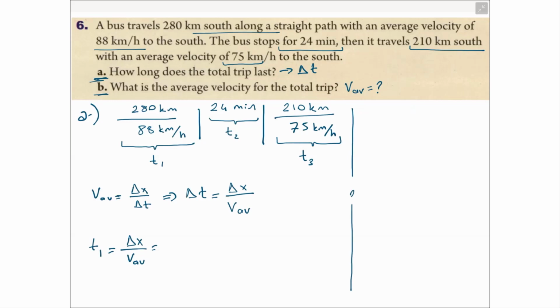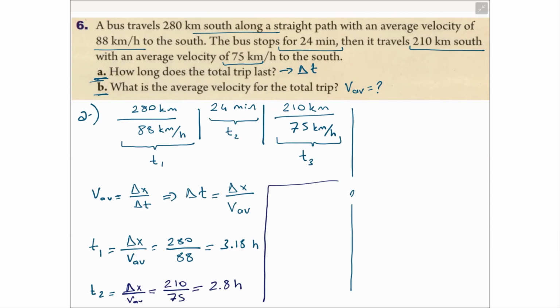Delta x for the first period is 280, and v average is 88, which gives 3.18 hours. And t3 is going to be delta x over v average again, and the delta x in the third period is 210 over 75, which gives 2.8 hours. This is t1 and t3.